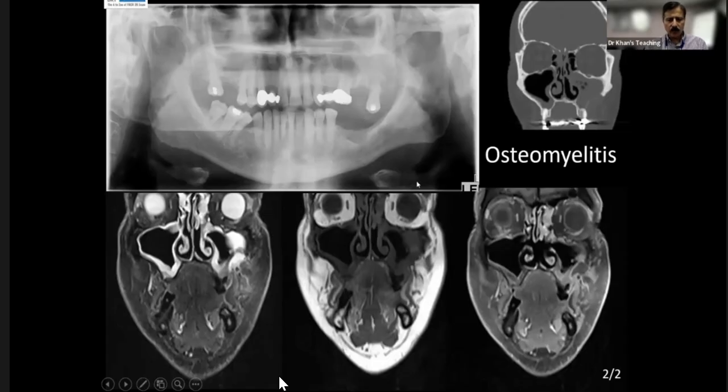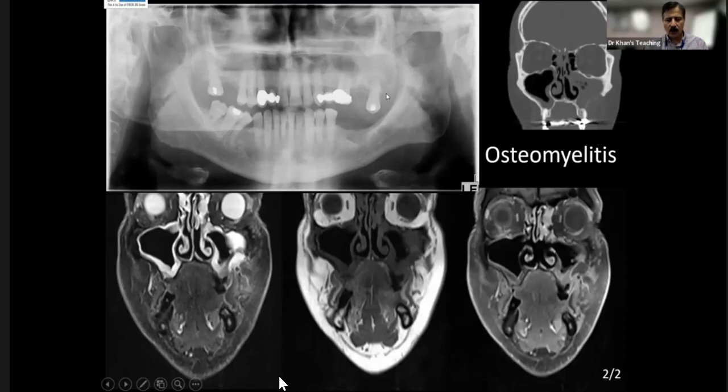First of all, I have given you post contrast. So actually, this is osteomyelitis. Now, if you see post contrast, we can see that there is an abscess formation here, and the bony anatomy is not very well seen. If you see, there is an abscess formation here.